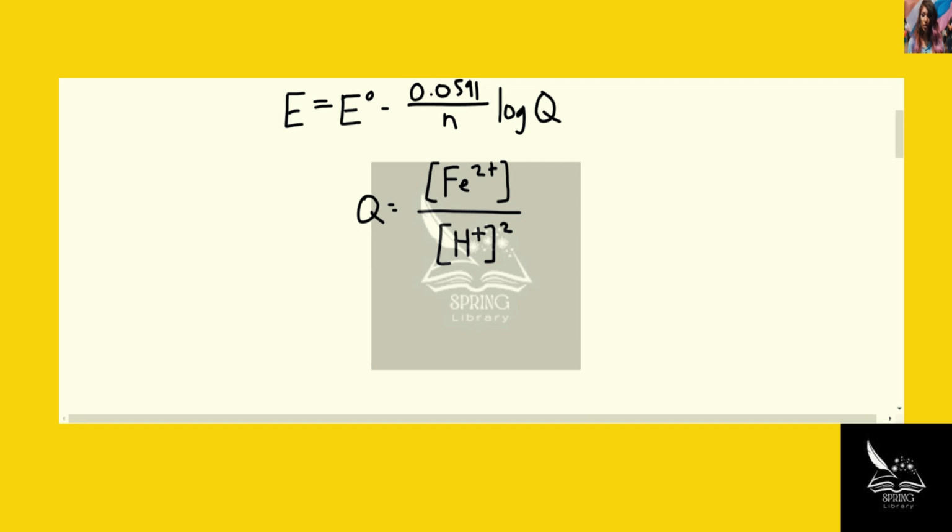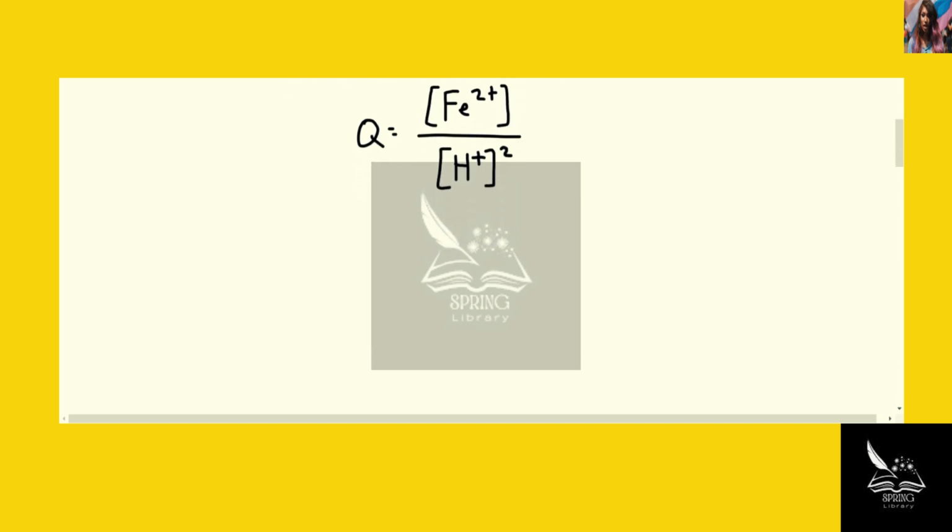And now we can plug in what we know into the Nernst equation to solve for that concentration of H plus. We are told that the non-standard cell potential is 0.333 volts.